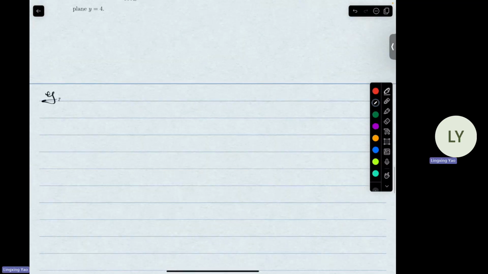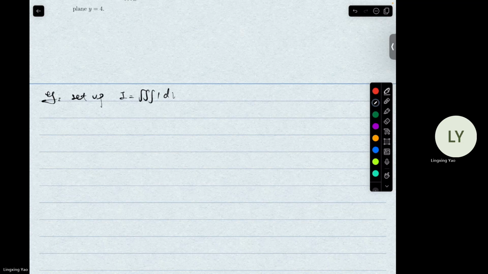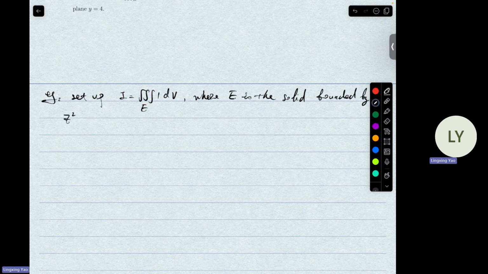So let me write down this example first. Set up this triple integral, where the integrand is constant 1, and the volume E is a solid bounded by two surfaces.